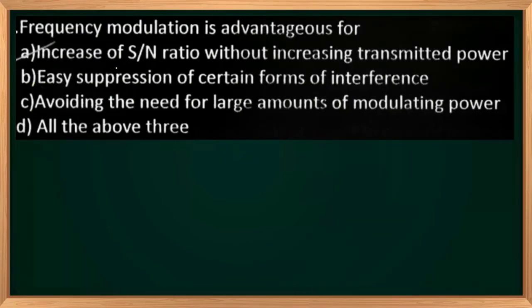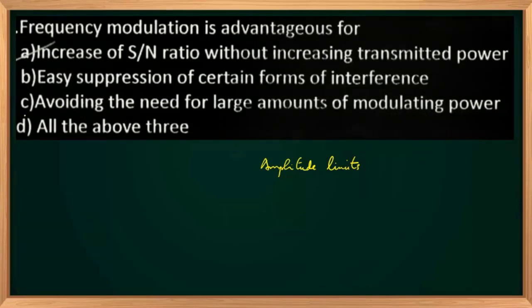Increase of signal to noise ratio without increasing transmitted power, easy suppression of certain forms of interference. Interference in amplitude can be avoided in an FM system by using amplitude limiters. Amplitude limiters are used in FM receivers to remove all amplitude variations, so these forms of interference or noise can be suppressed very easily in FM.